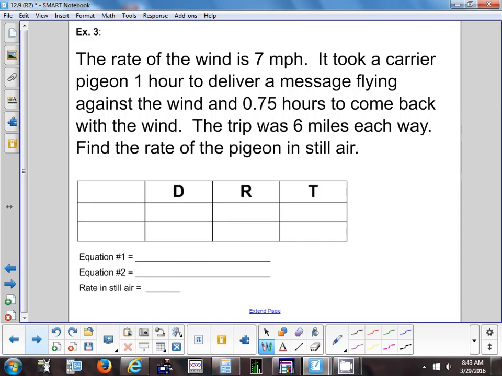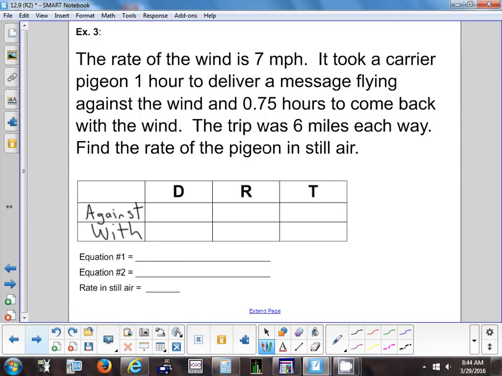When he's going one way, is he with the wind or against the wind? Against, right? So we'll just put the word against. And guys, this works the same. We might give you one that deals with the current of a river, or the rate of the wind. All right, so we got against and we got with.